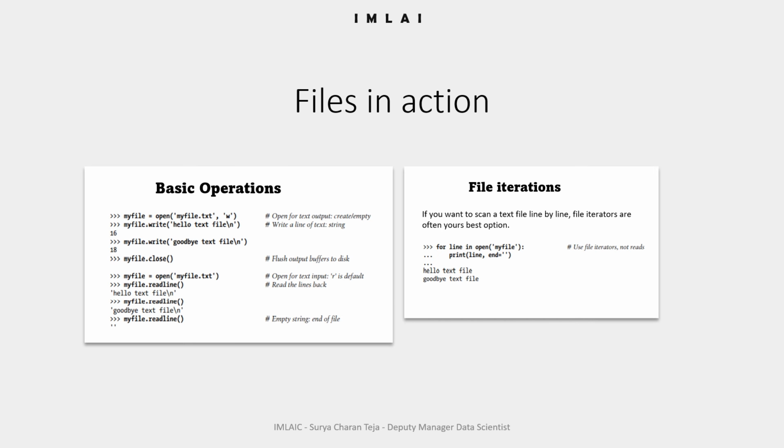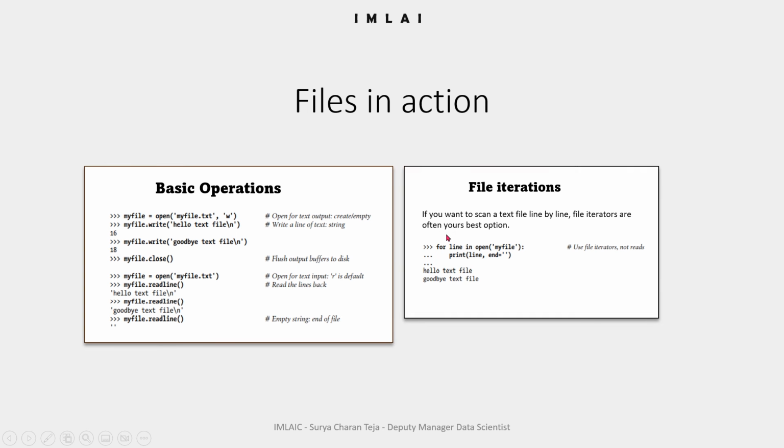Then open a file in read mode and read the whole file using different methods, read line or read lines. And then you can use file iteration, that's a for loop, to read item by item in iteration mode.